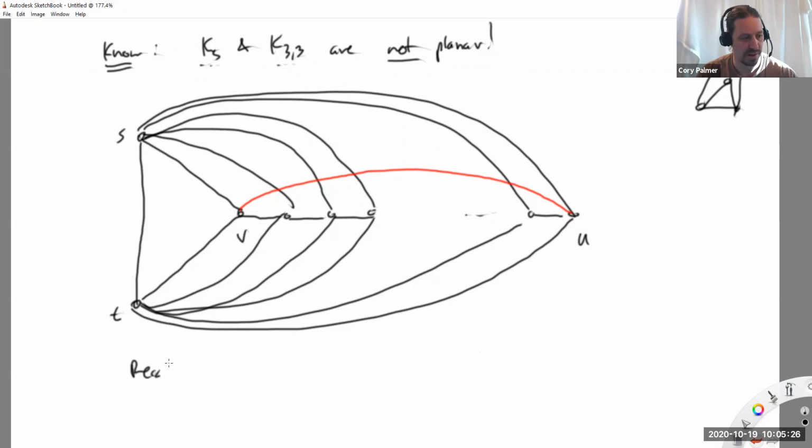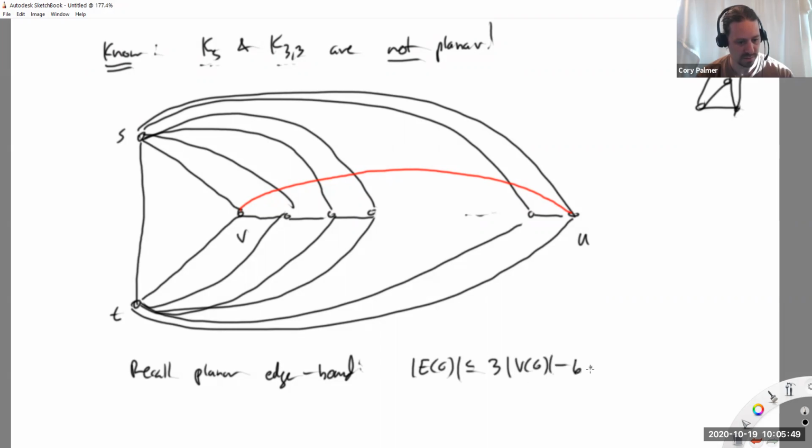So recall the planar edge bound. For a connected planar graph, actually it still holds for non-connected, the number of edges in a planar graph is at most 3 times the number of vertices minus 6.